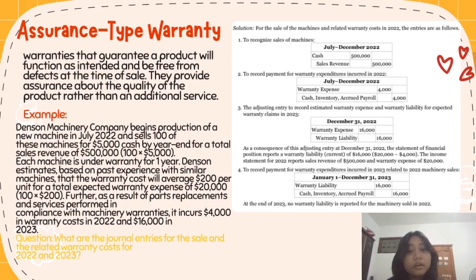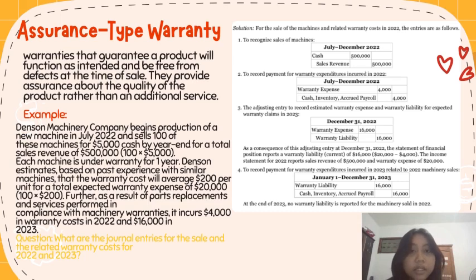Further, as a result of part replacement and services performed in compliance with the machinery warranties, it incurs $4,000 in warranty costs in 2022 and $16,000 in 2023. So the question is, what are the journal entries for this sale and the related warranty costs for 2022 and 2023? This is the solution on the right side.